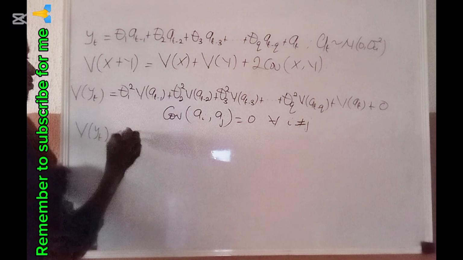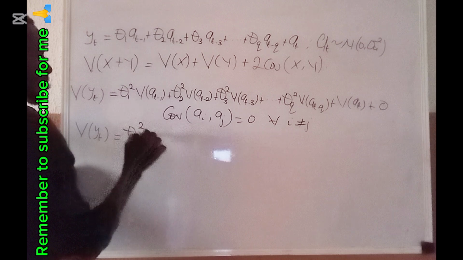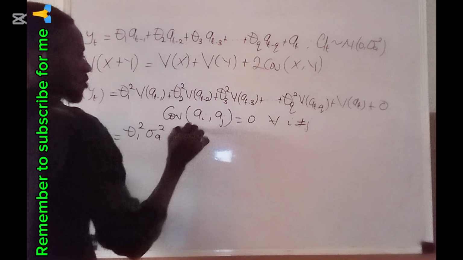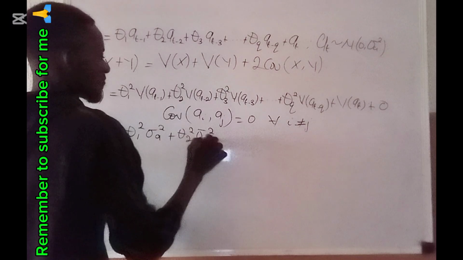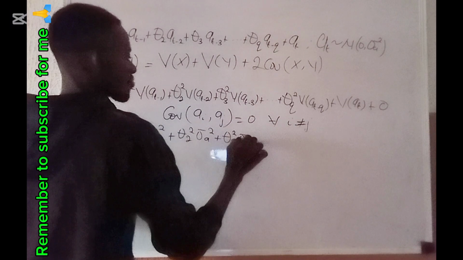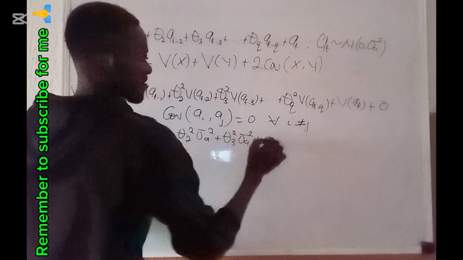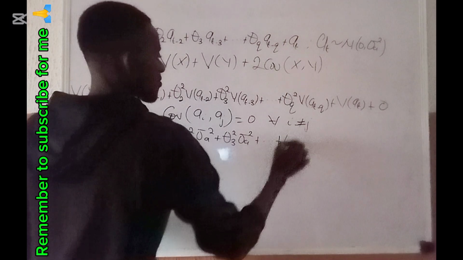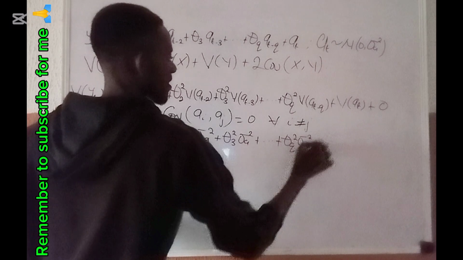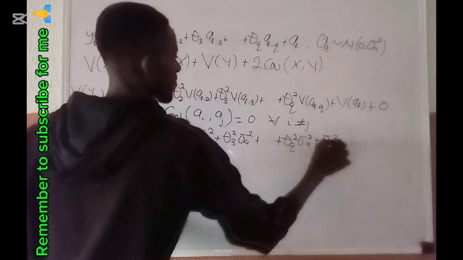So here becomes theta 1 all squared sigma squared of a, plus theta 2 all squared sigma squared of a, plus theta 3 all squared sigma squared of a, plus up to theta q all squared sigma squared of a, plus sigma squared of a.